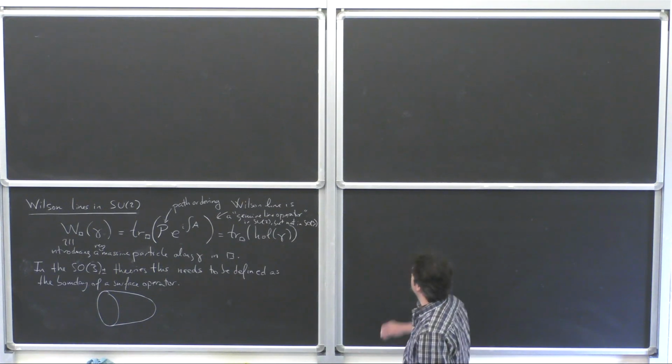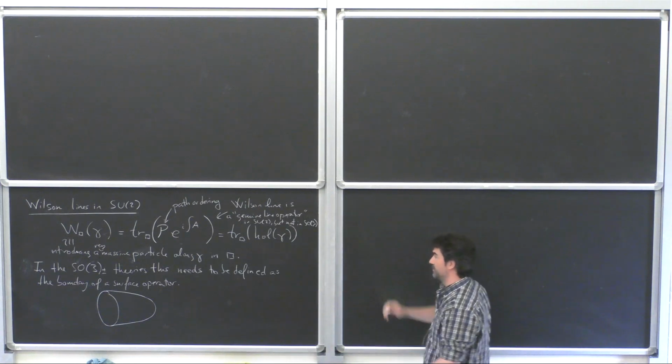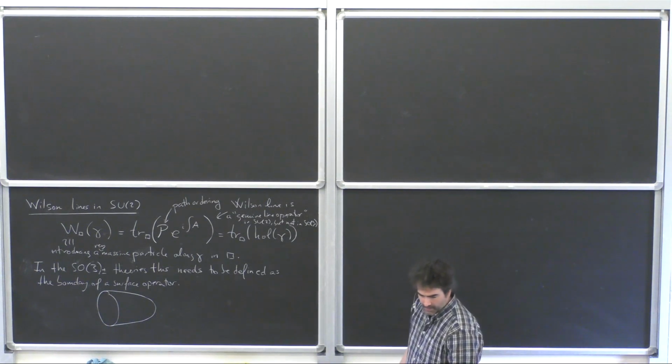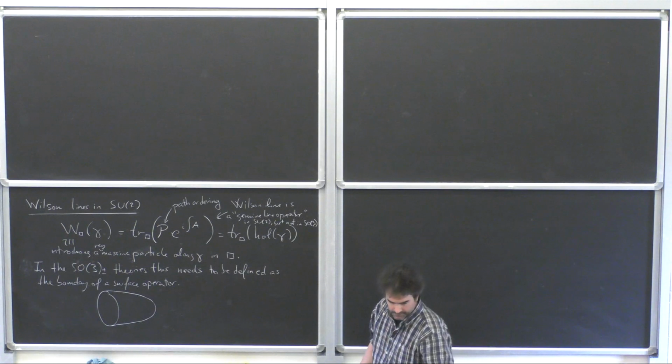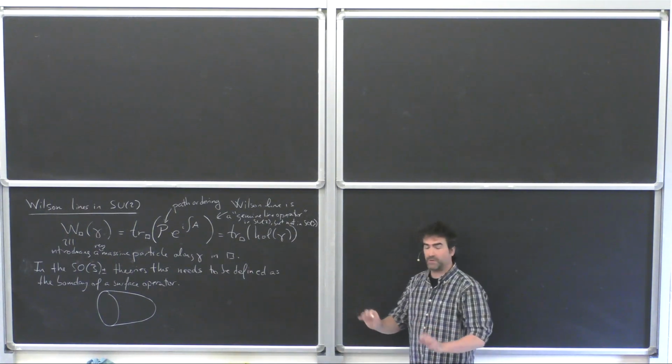Okay, so let's think about this Wilson line for a minute. In the SU2 theory, I will be thinking of genuine operators. If we have a Wilson line, nothing happens to it.